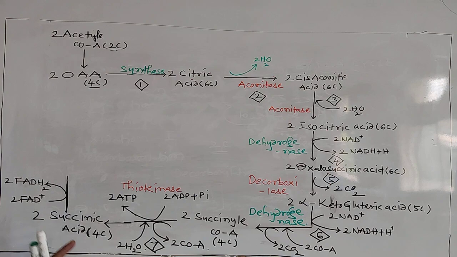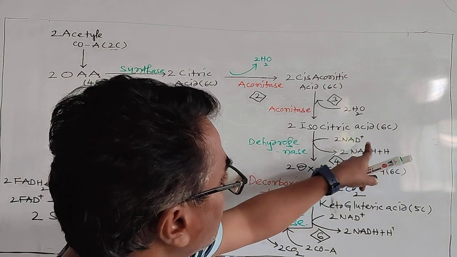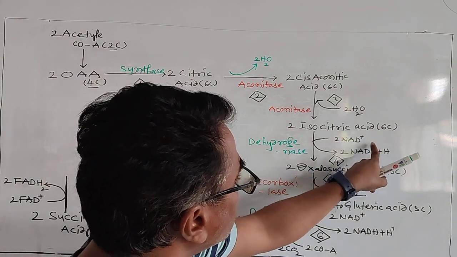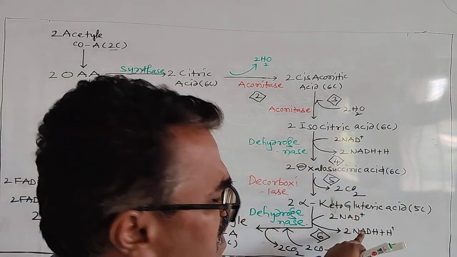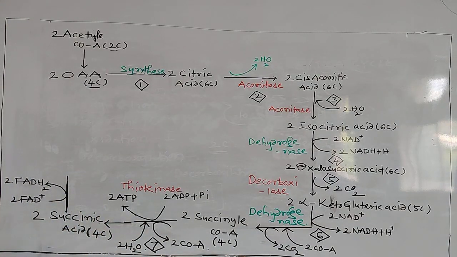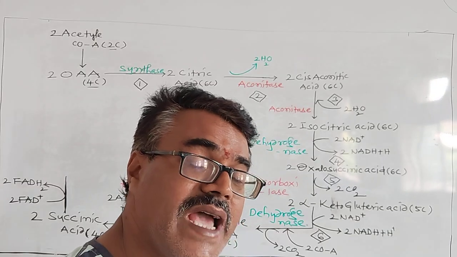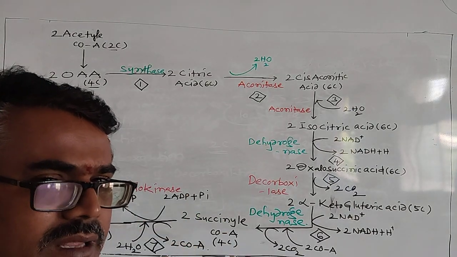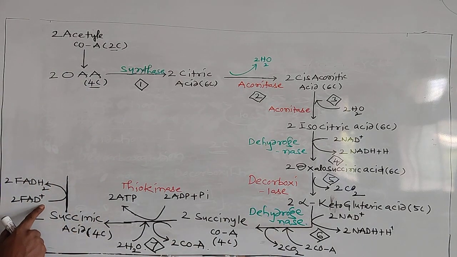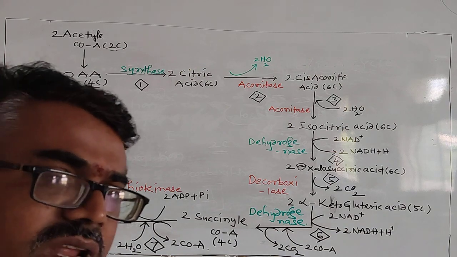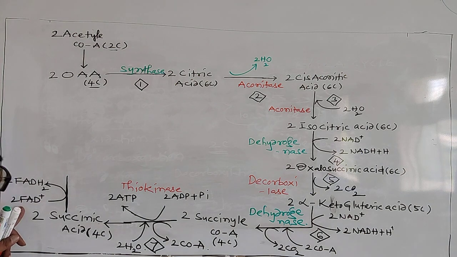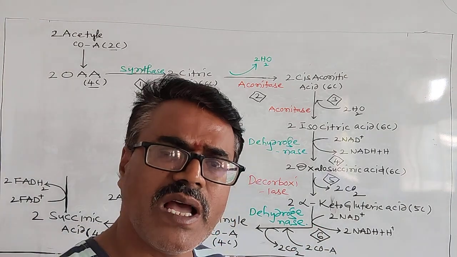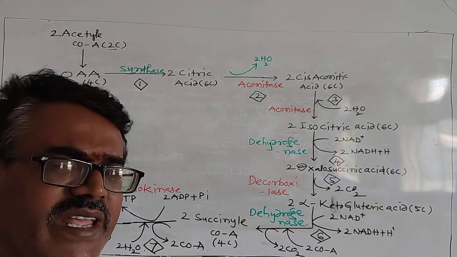What is the difference between the fourth chemical reaction's NAD plus and the sixth chemical reaction's NAD plus? These are also oxidations, but here, instead of NAD plus, FAD plus, flavin adenine dinucleotide, is involved.